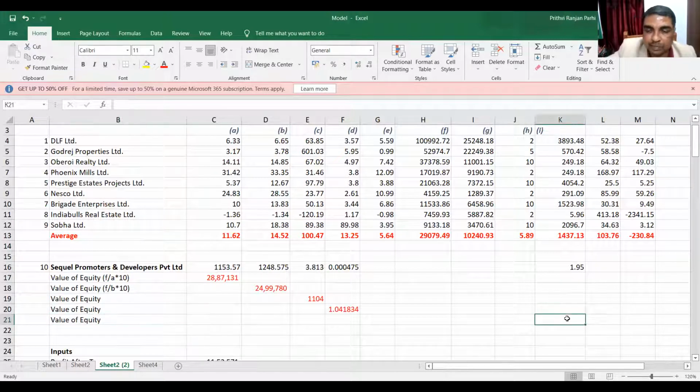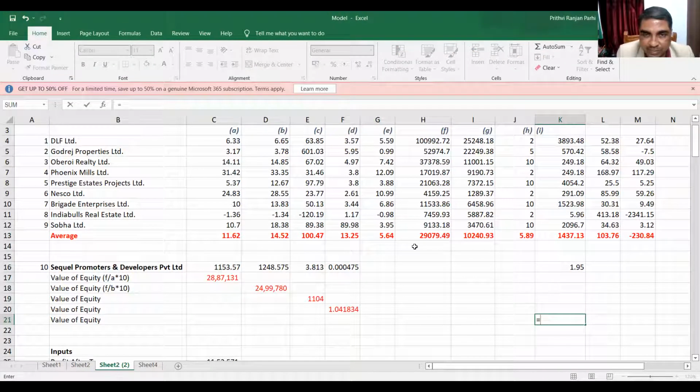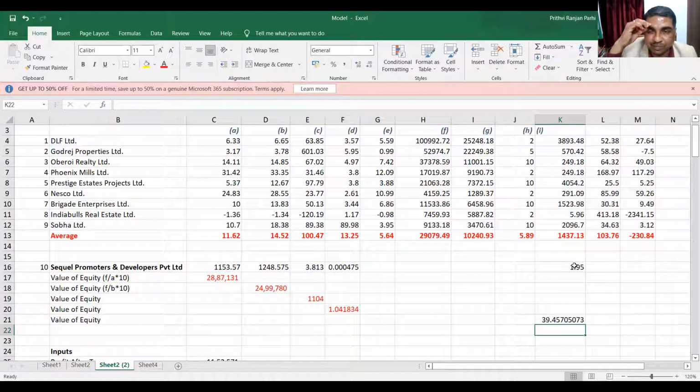So what will be the value of equity if you follow this particular method? What we will do? Equal to this divided by, this is the market capitalization for this much of turnover, divided by this, multiplied with this, you will be getting this figure.